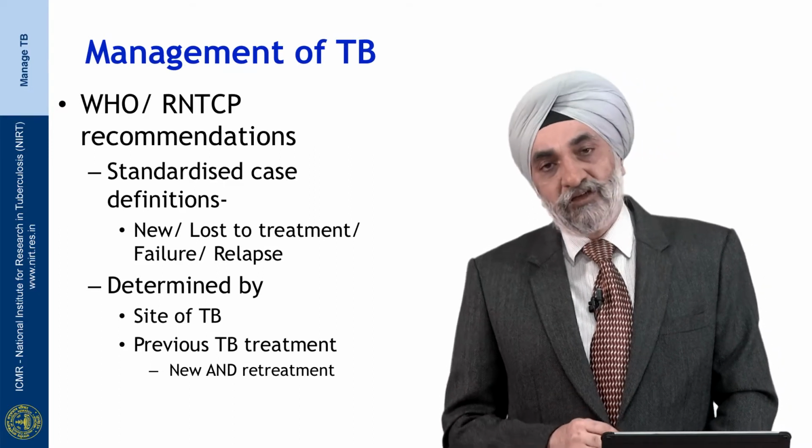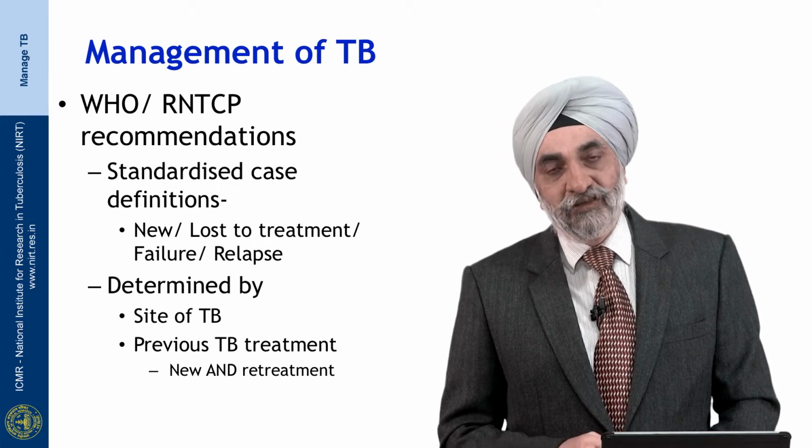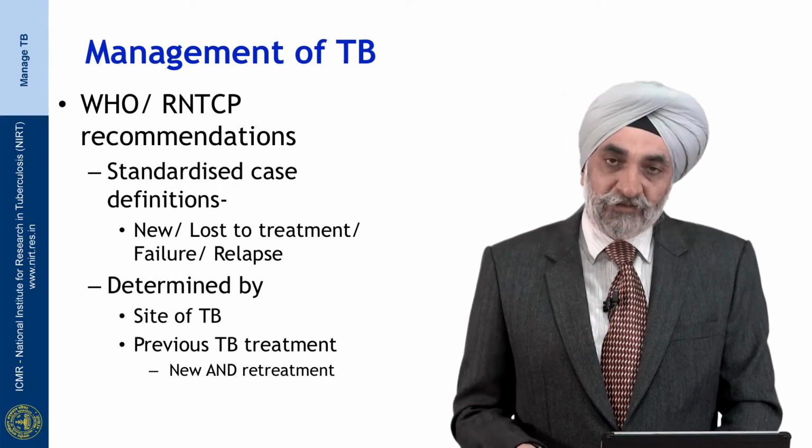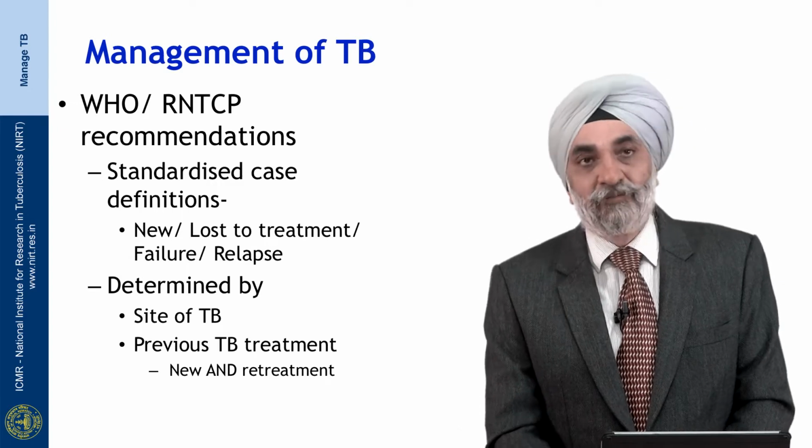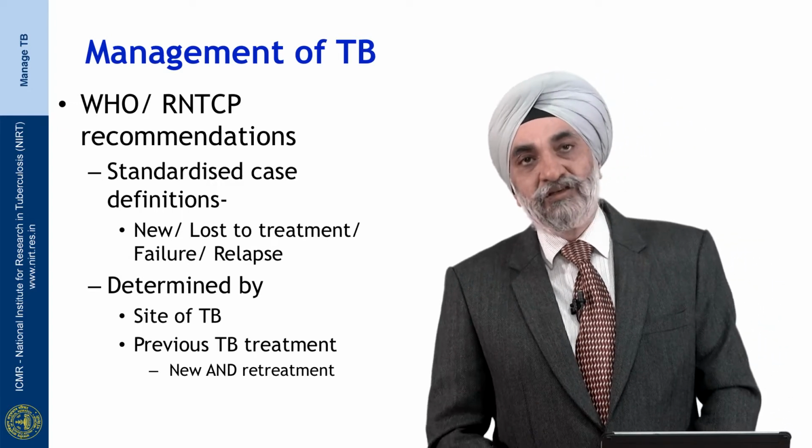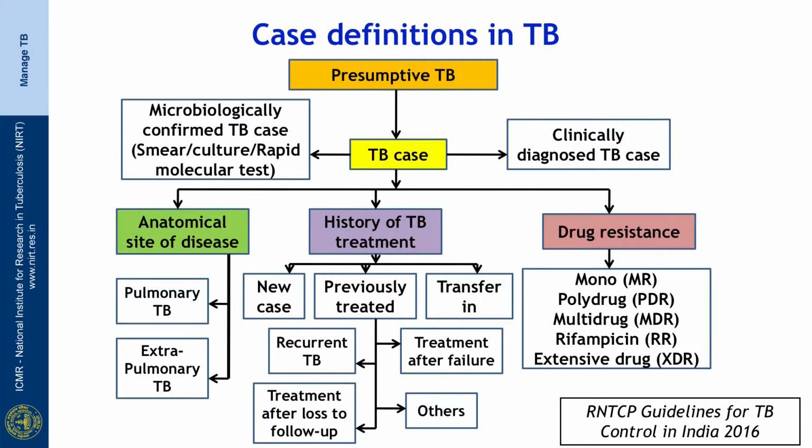The other thing which determines the definition is the site of TB, whether it is pulmonary or extrapulmonary. So, the case definitions in TB are: first, what was erstwhile called a TB suspect, we use the terminology presumptive TB, someone who is likely to have TB. If it is confirmed microbiologically, we call them a microbiologically confirmed TB case, or it could be a clinically diagnosed TB case.